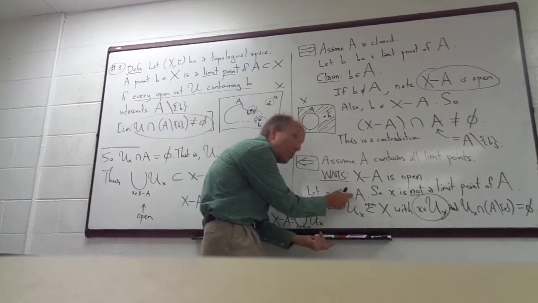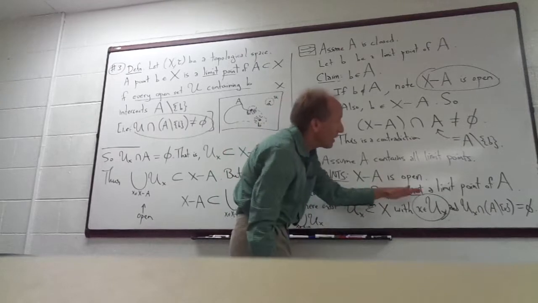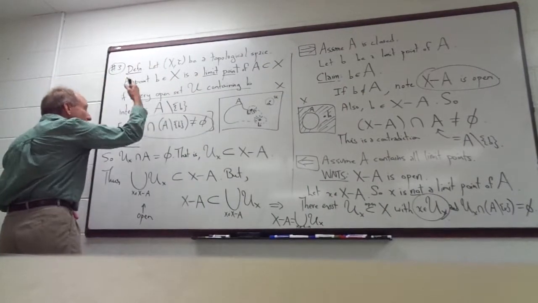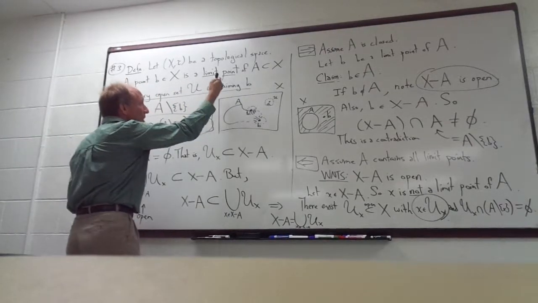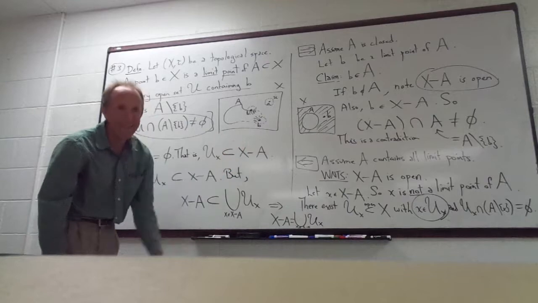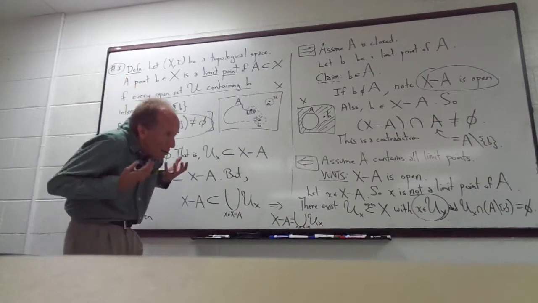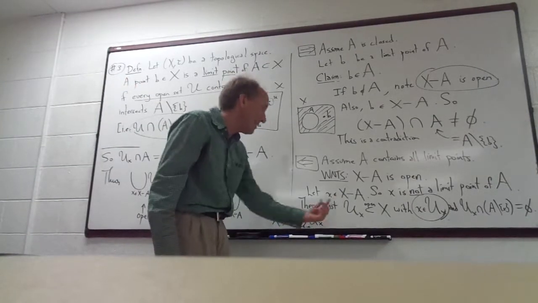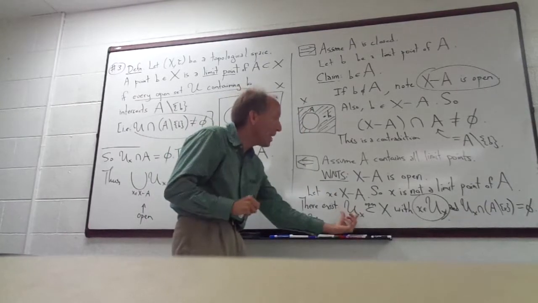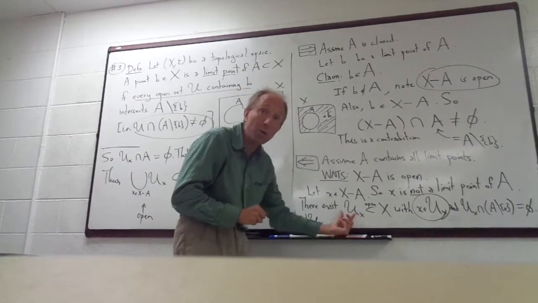What allows you to do that? It's the fact that x is not a limit point. If it's not a limit point, then there does exist an open set containing that point with some other property that we then wrote down. That's how you create that open set that you want. This open set is like the neighborhood that we would have had in chapter 2. It's playing that role.